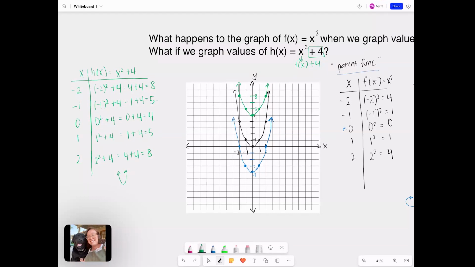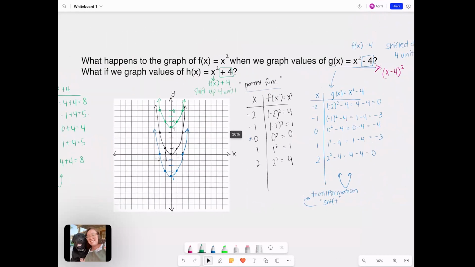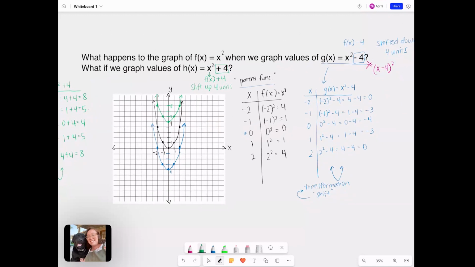So we're going to call that shifting up, shift up 4. You could say 4 units or 4 marks, and it's not the best way to say it. 4 units is usually the best way to go. So we're not officially defining it here. I just want to give you kind of an idea of what it looks like.